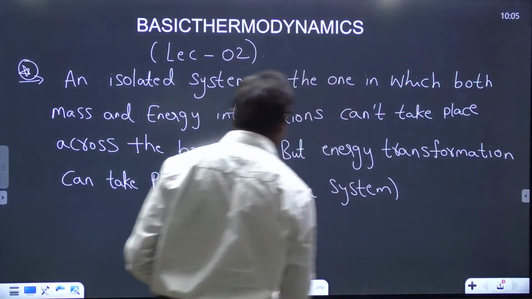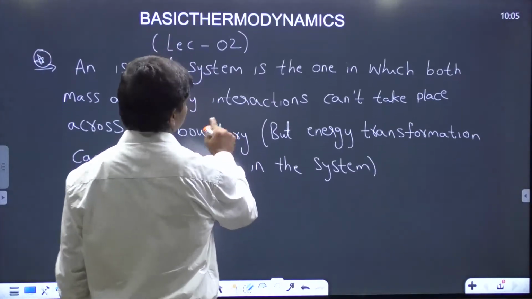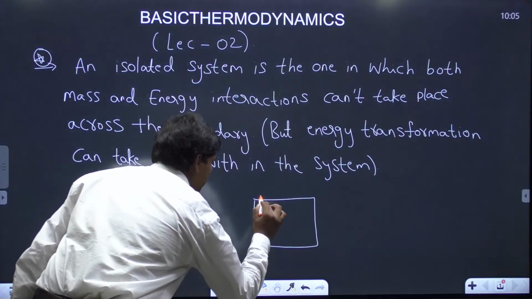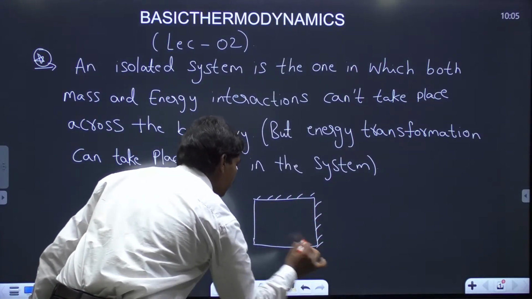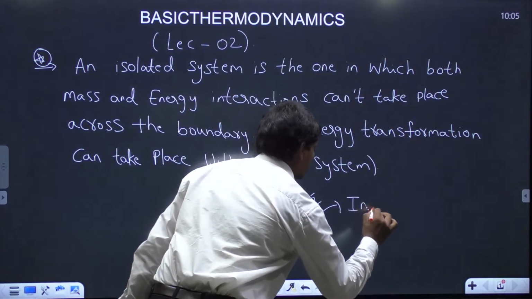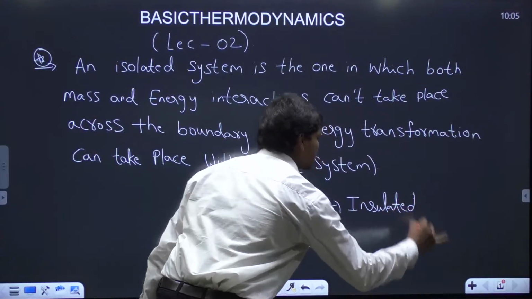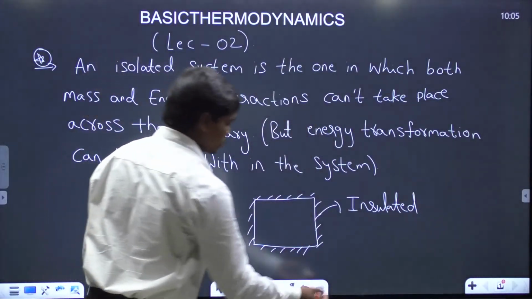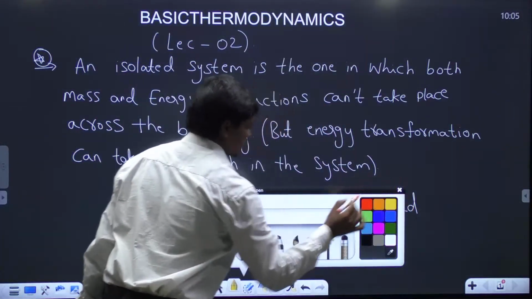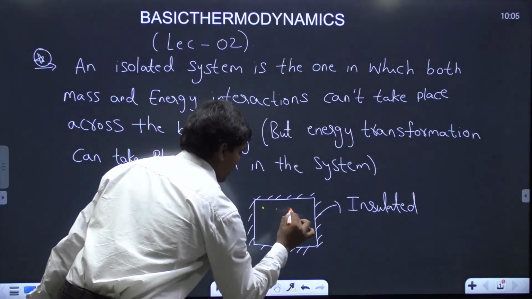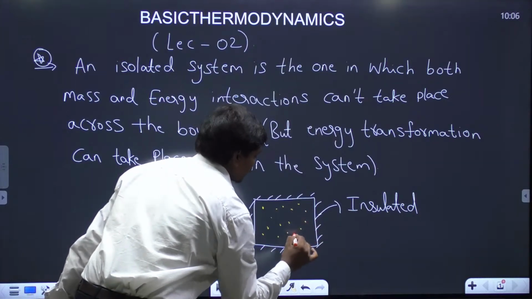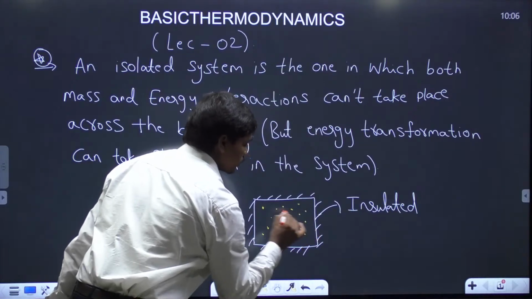For example, if you have a tank which is insulated, which means no heat can transfer across the boundary. If there is some mass inside, it will possess some energy, which we call internal energy, which you will deal with probably in tomorrow's class.